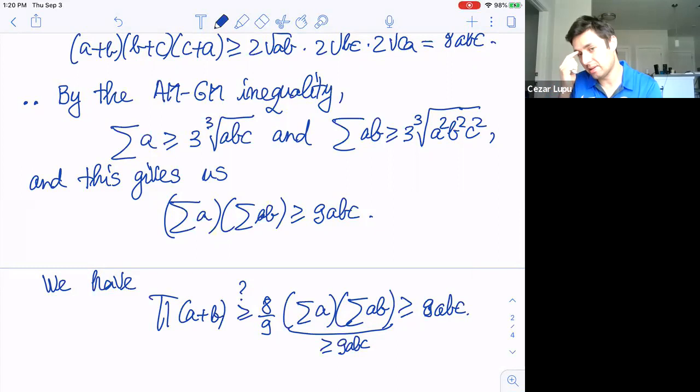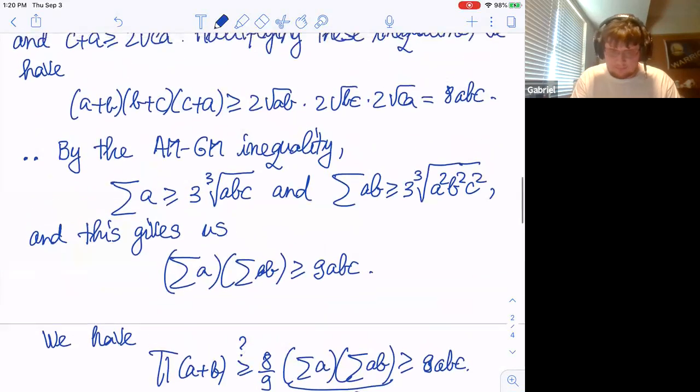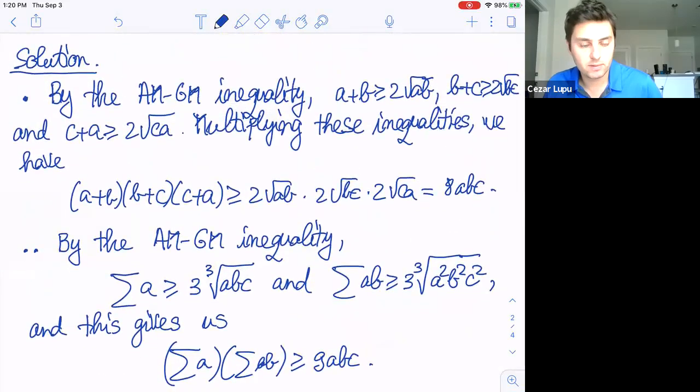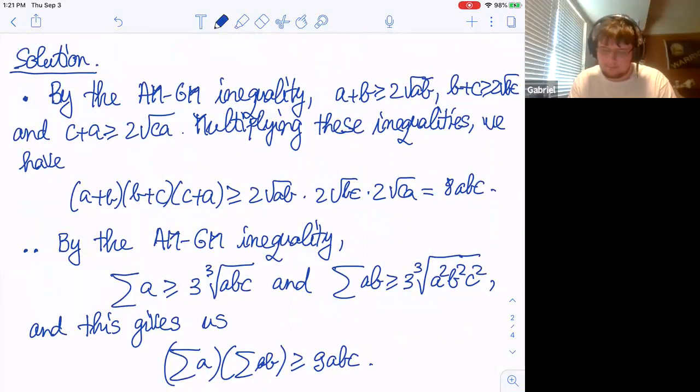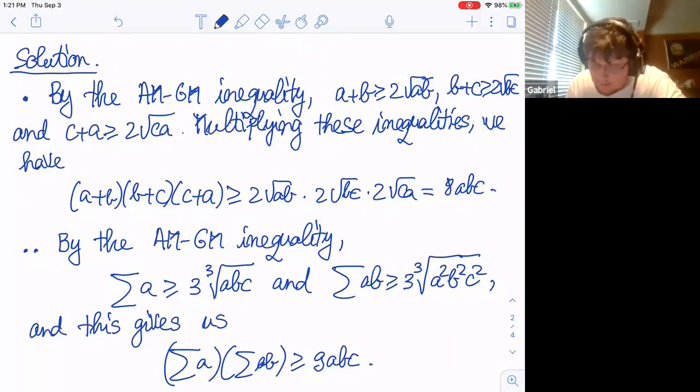Because that's the point, it doesn't work directly. Because this is how we solved the first part, right? It was directly arithmetic and geometric mean. Yeah. But this part has something extra to it. You need to do something. The 8/9. Yes.